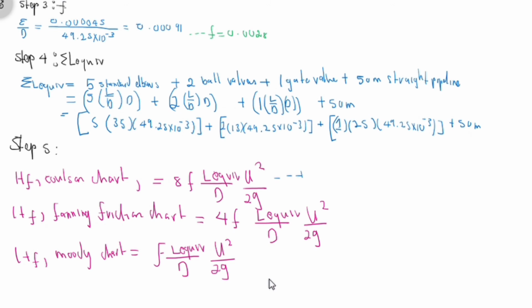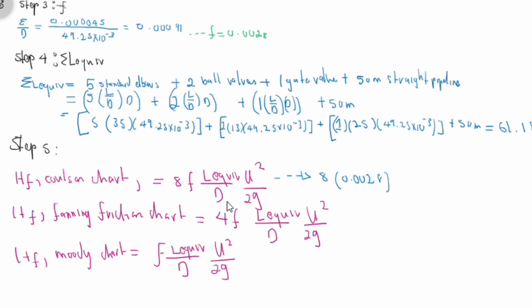If I substitute, I should say 8 times the friction factor we calculated, 0.0028, with a length, which if you punch onto your calculator you should get 61.18 meters.